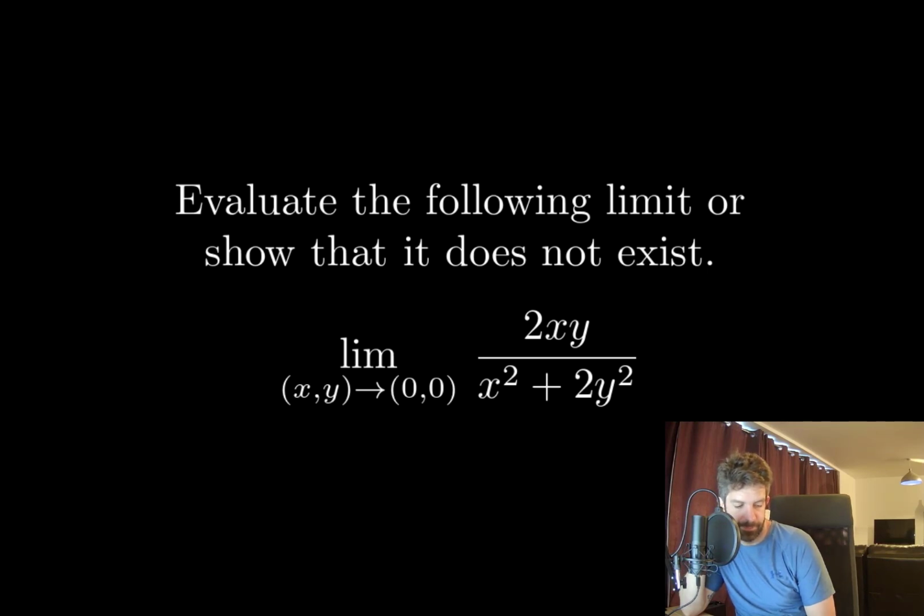The first thing I'm thinking here is that, well, obviously it looks like a 0 over 0 type thing. The numerator approaches 0 and the denominator approaches 0. But depending on the rates at which x and y approach 0, we might be able to get different values for the limit.